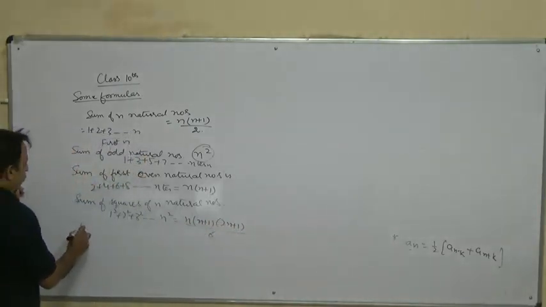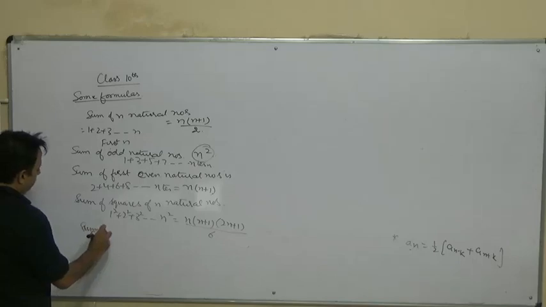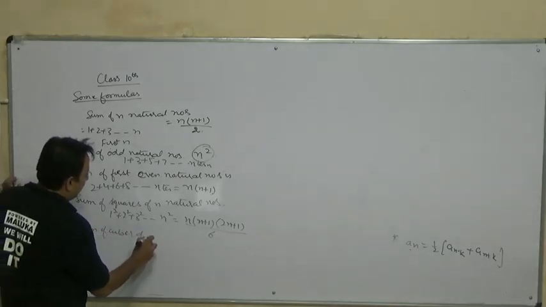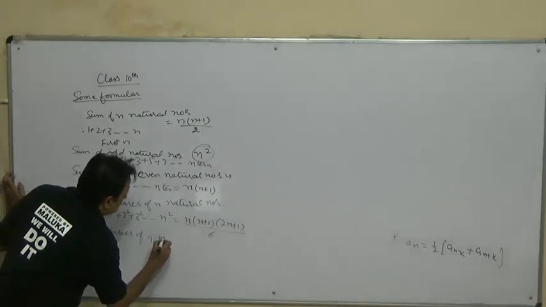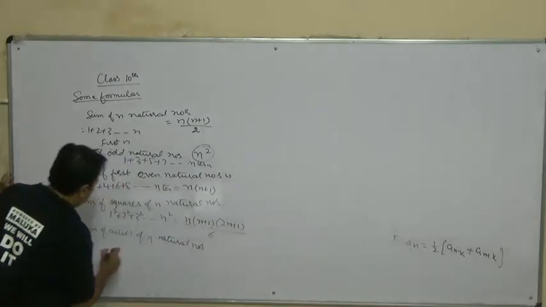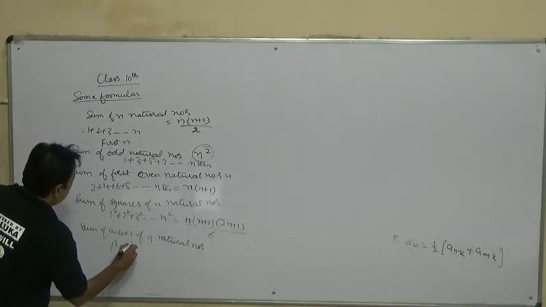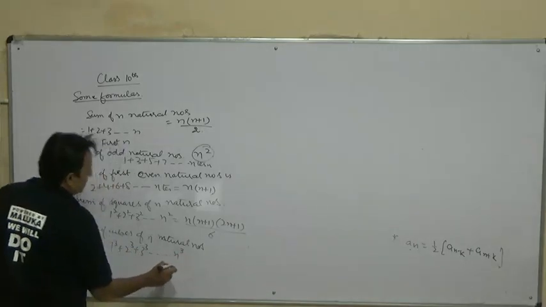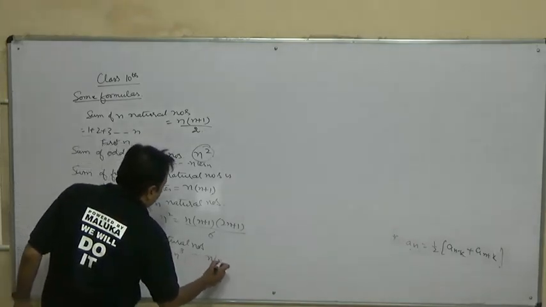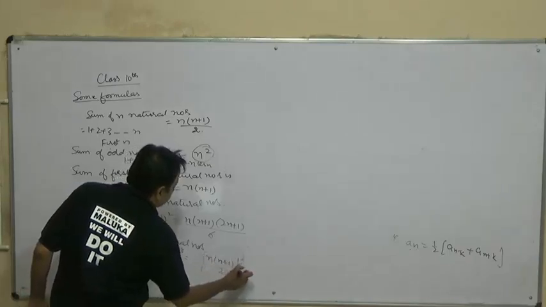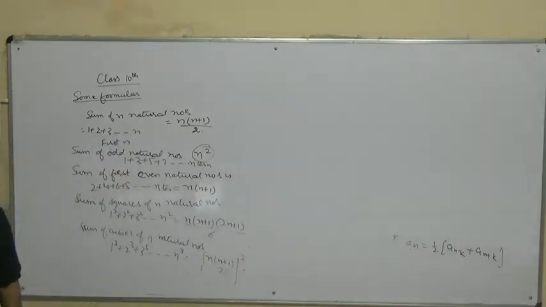Then the sum of cubes of n natural numbers, that is 1 cube, 2 cube, 3 cube up to n cube, is equal to n into n plus 1 by 2 whole square. So these are some of the formulas which we can use directly.